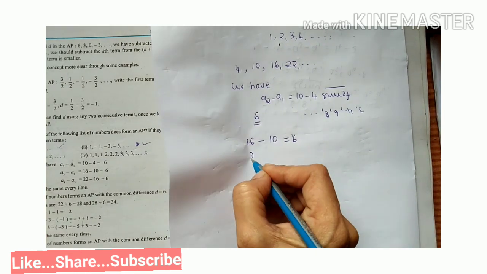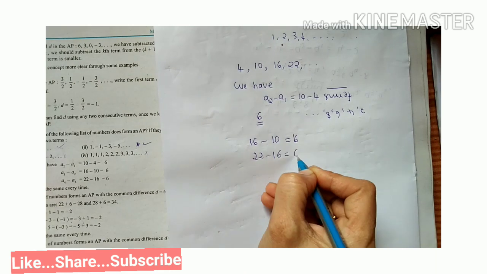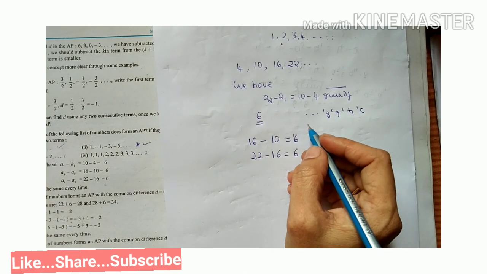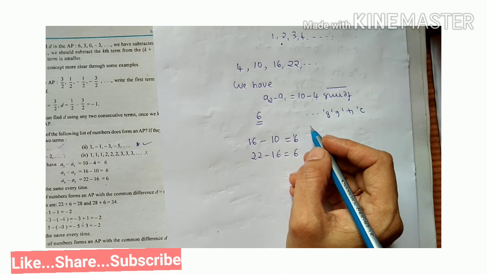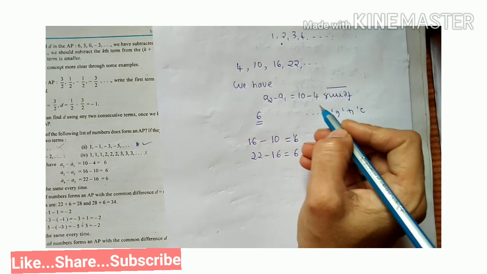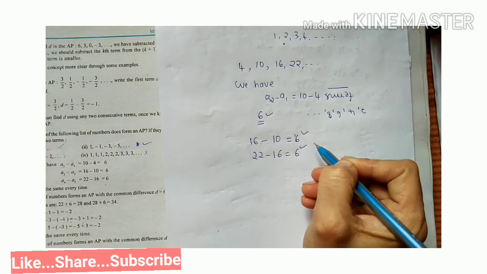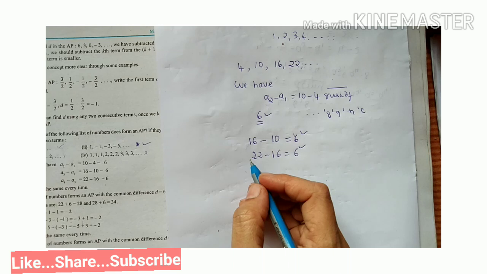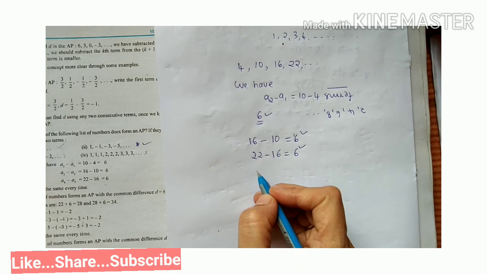A4 minus A3, 22 minus 16, is 6. So here we can say the difference of any two consecutive terms in each case is same.